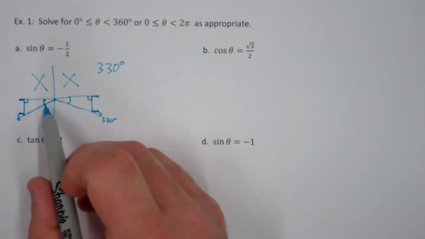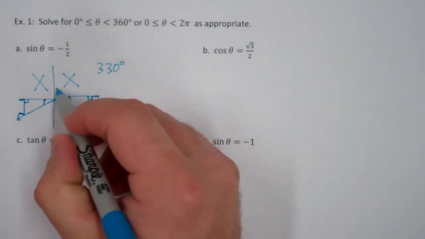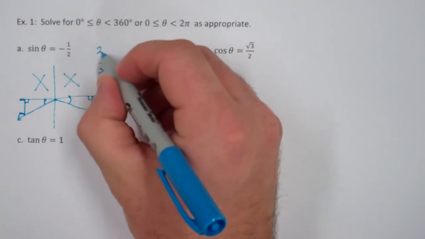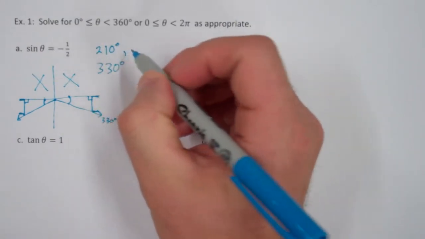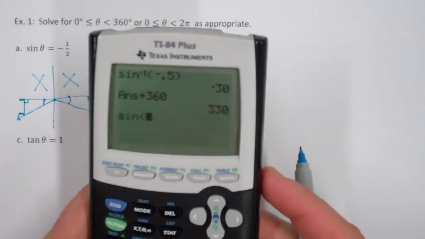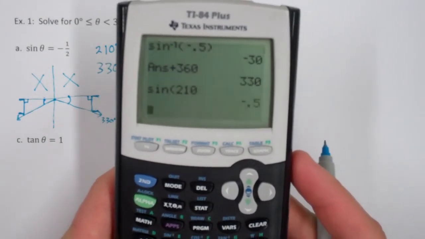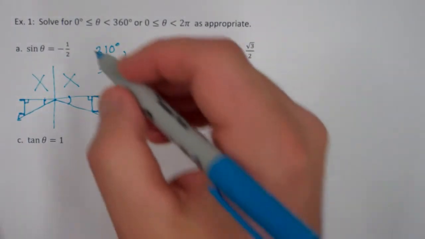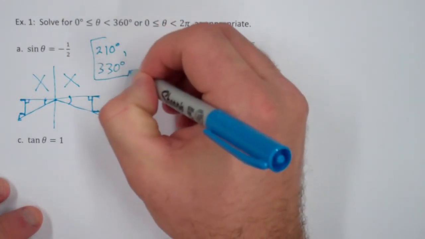So if you're wondering what that angle is, all we need to do is go around 180 and add 30 more. So that angle is 210 degrees. If you do the sine of 210 in your calculator, you definitely get negative 1/2. So we need to list both of these values.